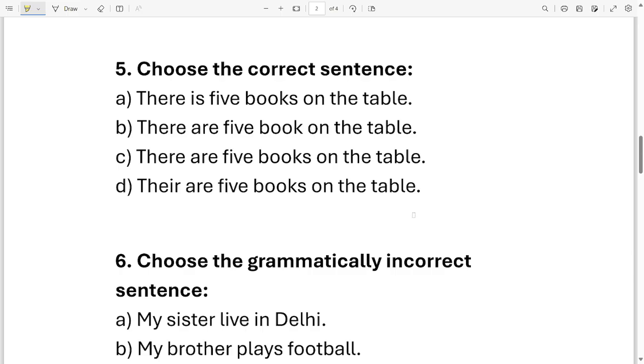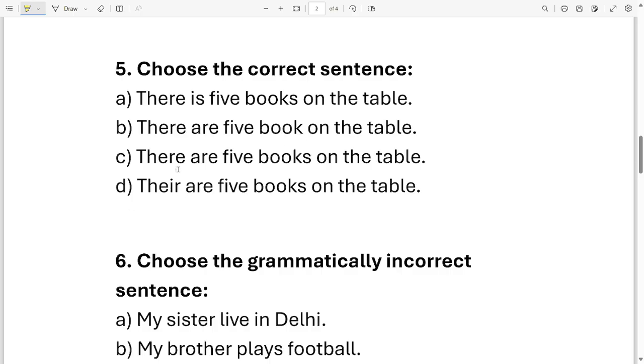They might sound similar, but every sentence is different from each other. Like in the first sentence, you can see it's written is. The next sentence, it is are. And here this is not books, it is book. Option B was having just the book.